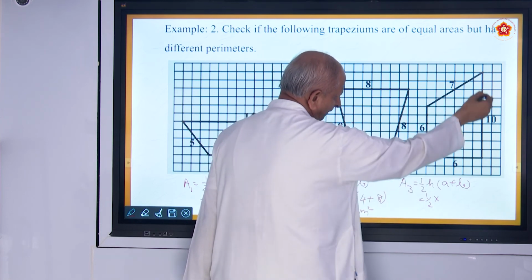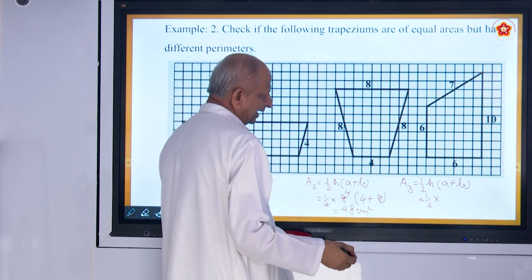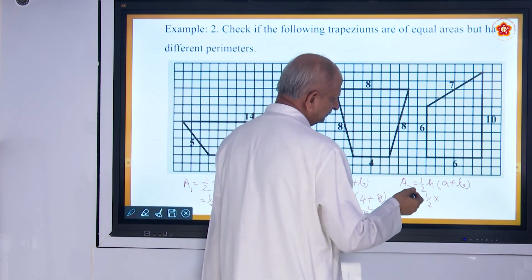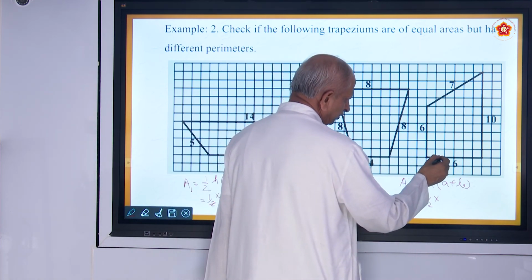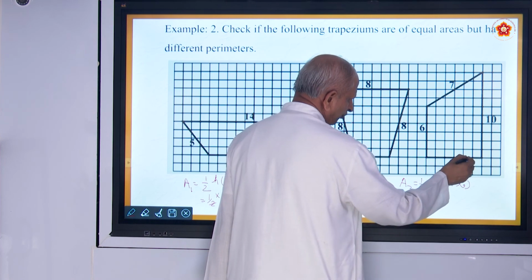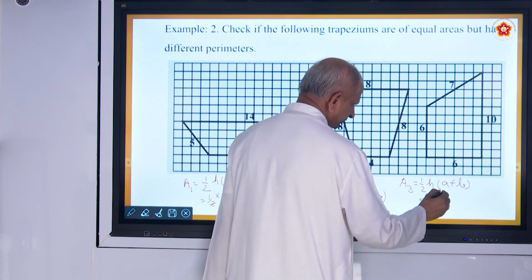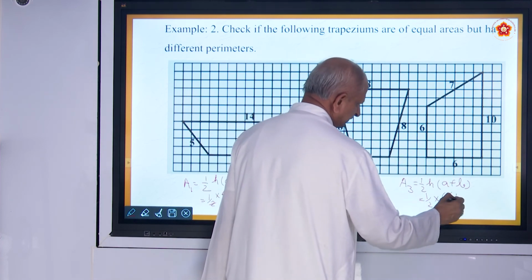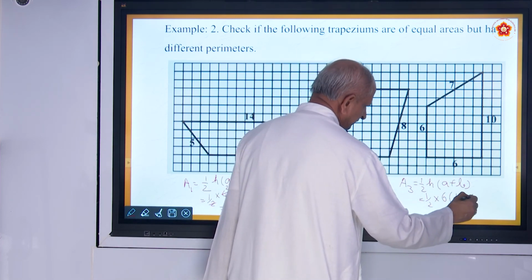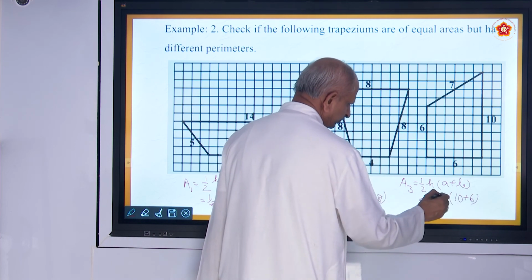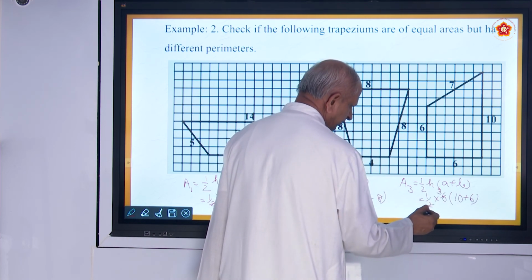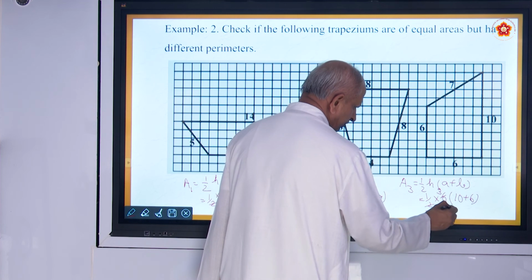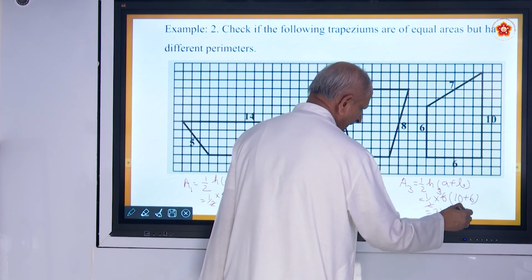These are the two parallel sides, and height will be 1, 2, 3, 4, 5, 6. 6 into A plus B. A is 10 plus 6. 2 ones are 2, 2 threes are 3 into 16. Oh, that's also 48. Super.